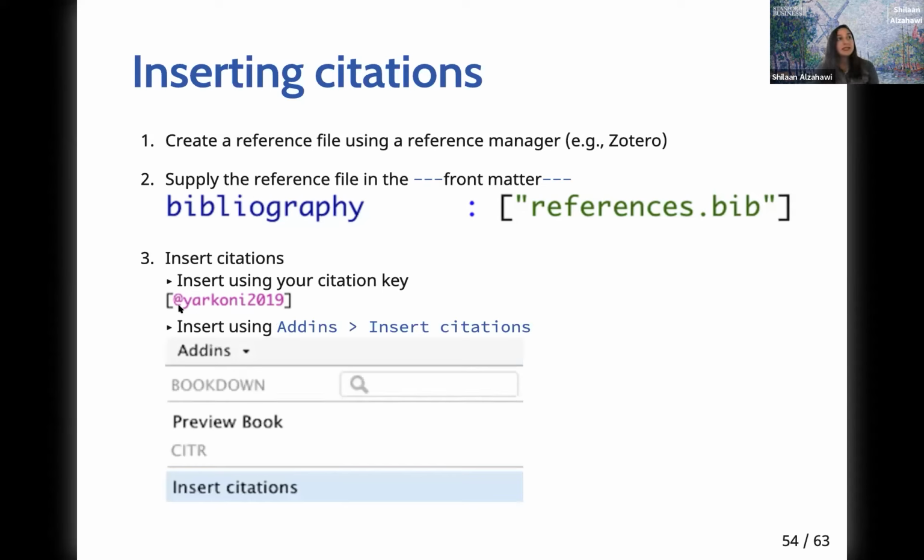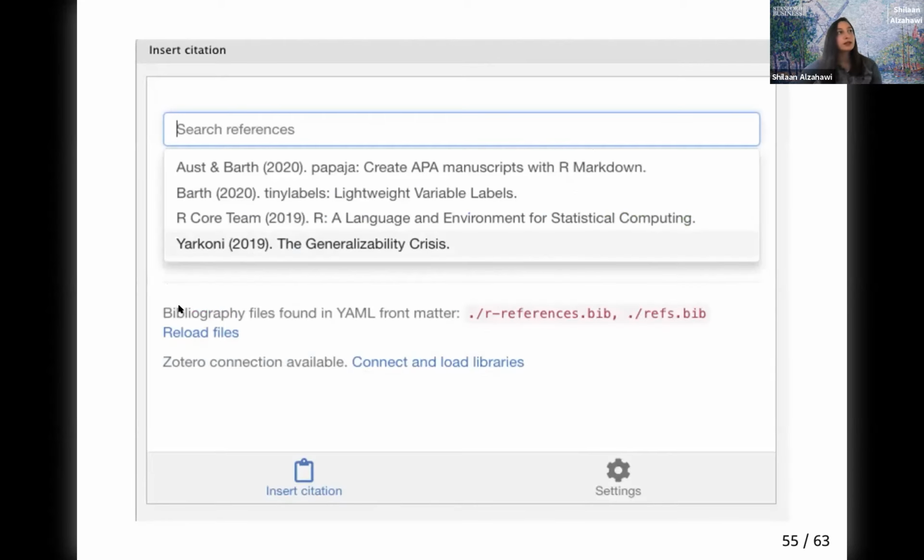Another, perhaps even easier way is, now that we've installed citr, we have this add-in that allows us to just click and manually insert our citations. The way we do that is, in RStudio, you go to the toolbar, click on add-ins, and then click insert citations. And this is what it looks like. This is how you can insert citations from within RStudio, within your R Markdown.